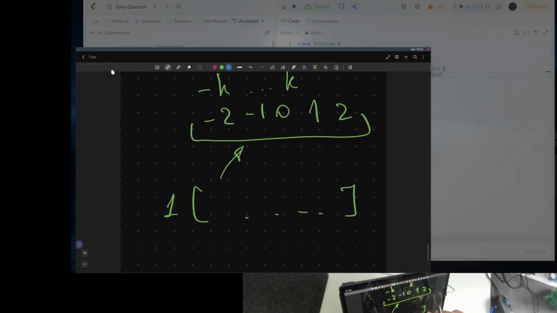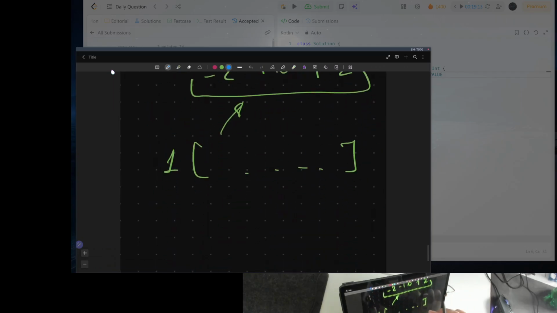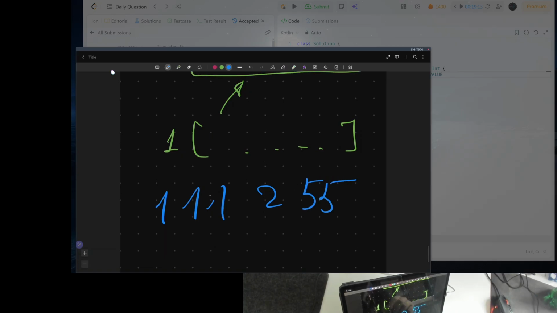Let's think about how we can approach this for non-equal numbers. Imagine we have 1, 1, 1 and 2, and then 5, 5, for example. And k is, maybe, 2.